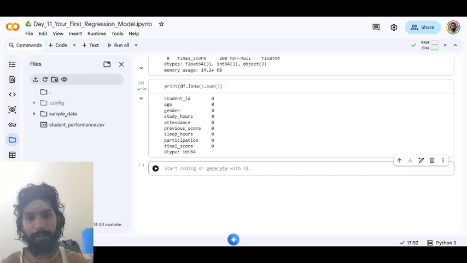This tells us that the selected columns are complete. However, it does not prove that every value is correct. For example, an attendance value of 500 may not be missing, but it would still be unrealistic. So missing value checks are useful, but they are not the complete data quality process. Let us also look at the statistical summary.